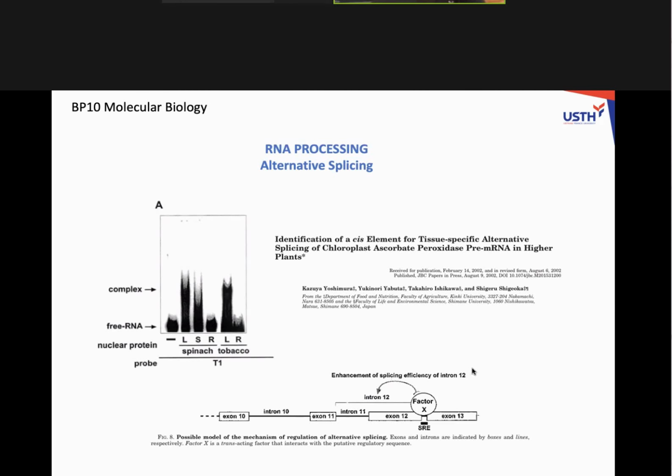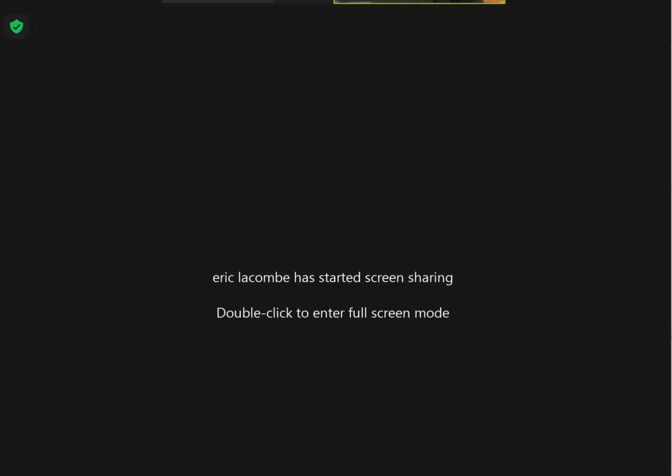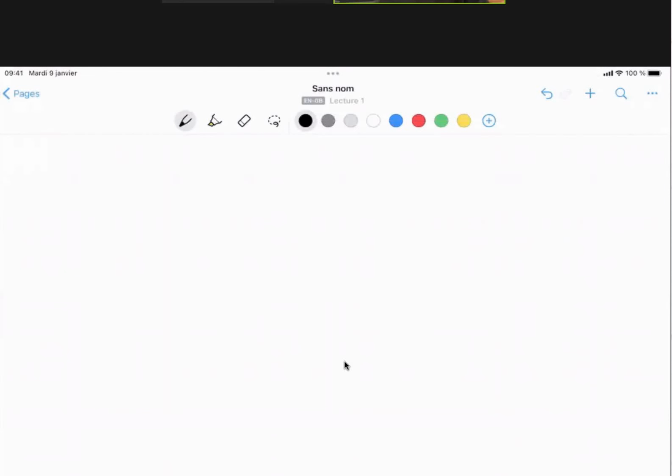So I changed what I shared, and I will just show you conceptually how it works. It doesn't work. Okay. Do you see the whiteboard? Is it okay? Just tell me if you see the whiteboard. Okay.